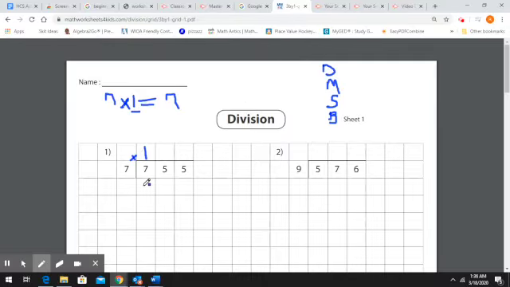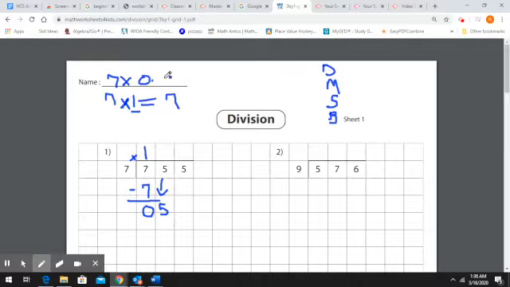Then I multiply. 7 times 1 is 7. Once I get that, I subtract. And then my last step is to bring down. That means bring down the next number. My next number says, how many 7s can I get out of 5? Well, I know I can't get 1 out of it because that's over.